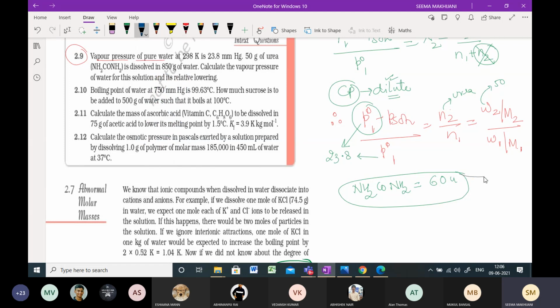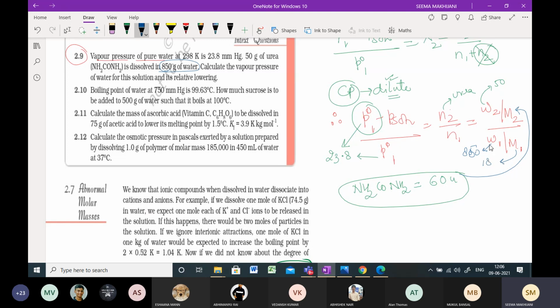So this takes this position. Coming to the further information, you are given 850 grams of water, which means this is your 850, and the molecular mass of water is 18.